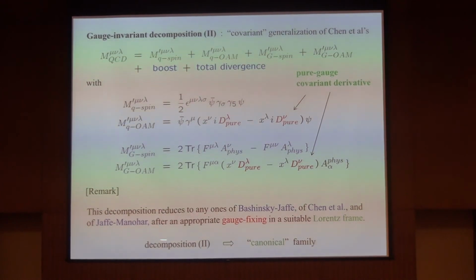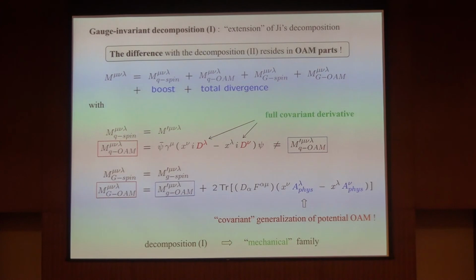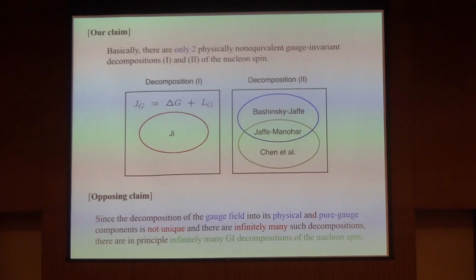And this decomposition may be called the canonical family. Another decomposition, decomposition 1, is in a sense an extension of the Ji decomposition. The quark OAM part contains just the full covariant derivative. Accordingly, the gluon OAM part consists of two parts, the canonical part and the covariant generalization of the potential OAM part. And this decomposition may be called the mechanical family.